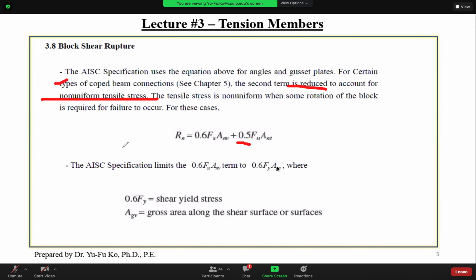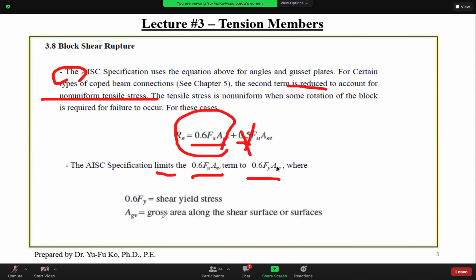So these are the notes I would like to mention to you. If your tensile stress is uniform, then this is equal to 1, with no reduction on the second term. Also, the specification limits the 0.6 FU ANV term to a maximum value of 0.6 FY AGV.